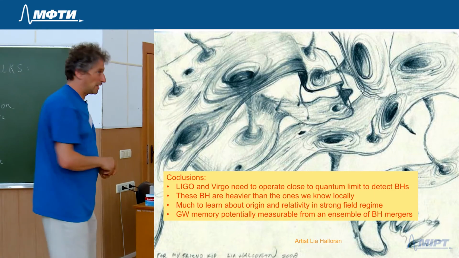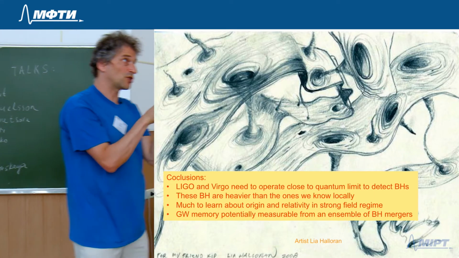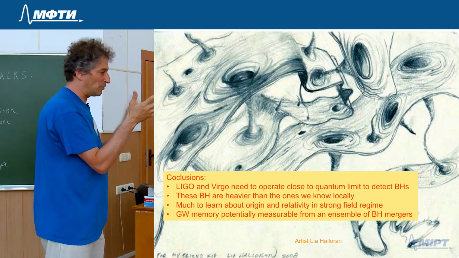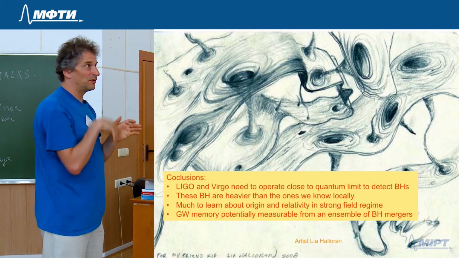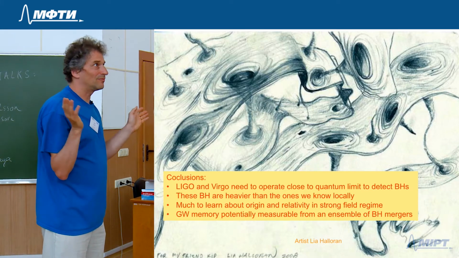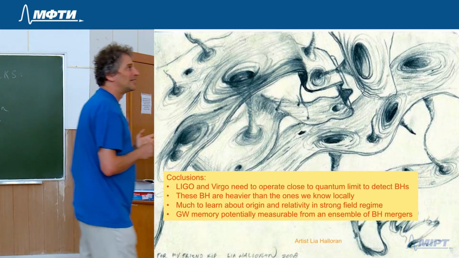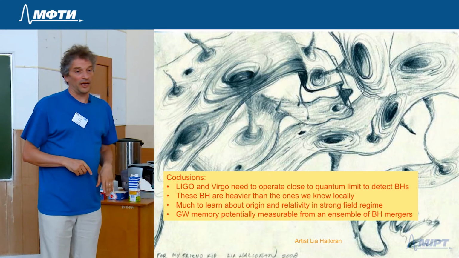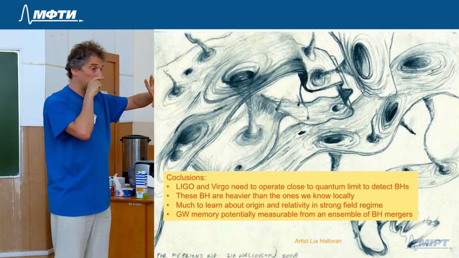So gravitational waves are never longitudinal. They're always transverse, just like electromagnetic waves, except that electromagnetic waves can be longitudinal in a dielectric medium or in plasma. With gravitational waves, these things don't exist. There is no gravitational wave dielectric.